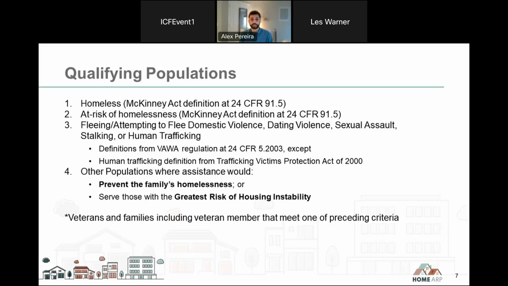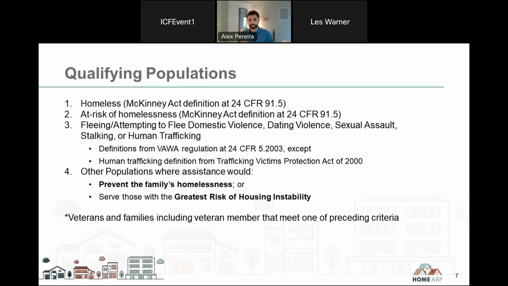The second group is those at greatest risk of housing instability. That can be defined in a couple different ways. The first of them is folks that are no more than 30% of the area median income, or AMI, and are also facing a severe housing cost burden, meaning that more than 50% of the income is going towards their housing costs.